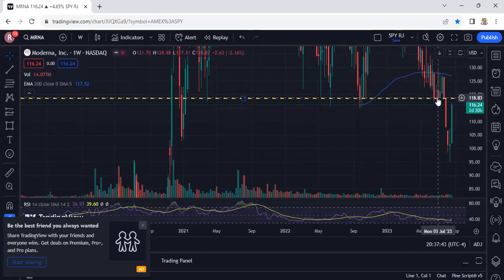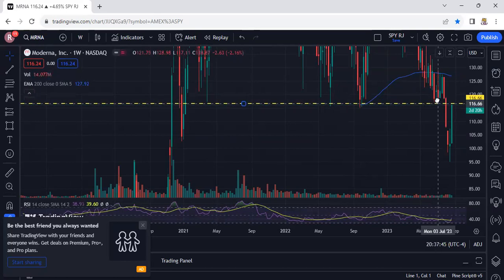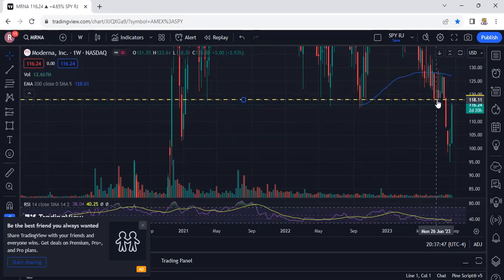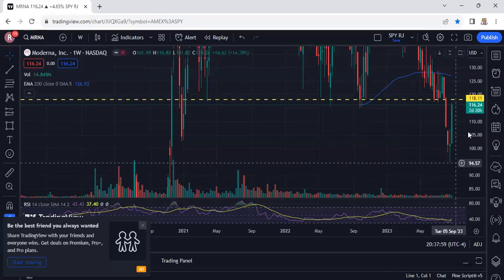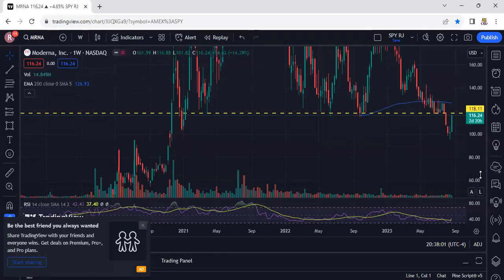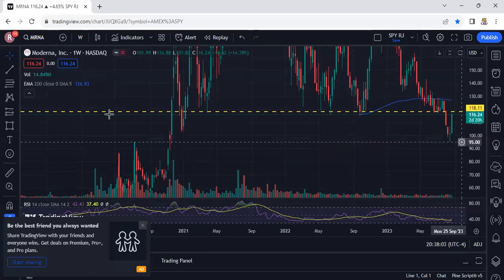So it's a level right around here. I could have done this a little bit more accurately, but it's right around this area, around 18, 19-ish. So we're about $2 away from that. You really need to break above that point, to be honest.